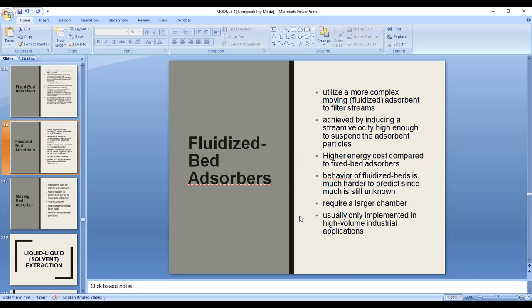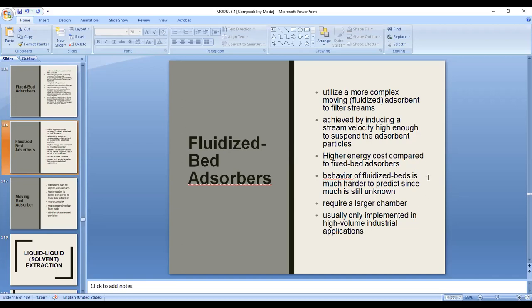So many of the factors that affect the adsorbency of your solute in your adsorbents are not known, especially operating conditions. So that makes this particular technology not so easy. Now, this requires a larger chamber and is usually only implemented in high volume industrial applications.